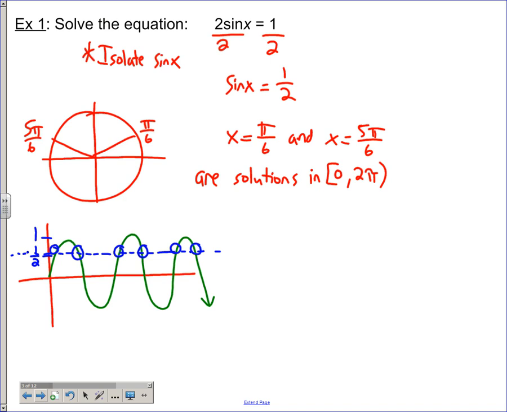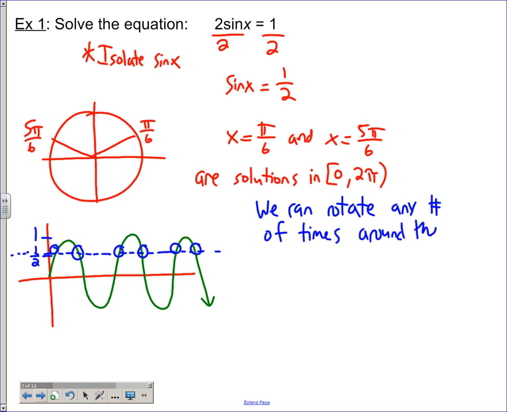All right, so we're going to take into account that we can rotate any number of times around the unit circle.